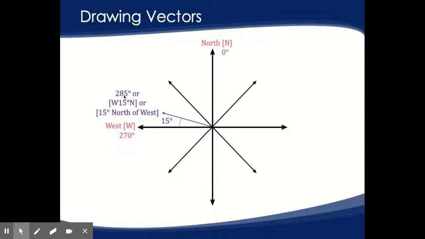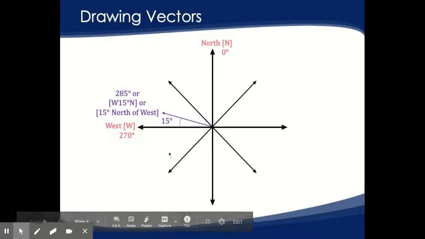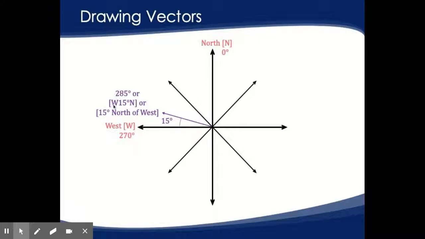So you could say this is 285 degrees if you measured it from north and went all the way around. Or you could say it's 15 degrees north of west. What that means is that you look at your west line, you measure 15 degrees upward towards north, and that's where that line would need to be placed.